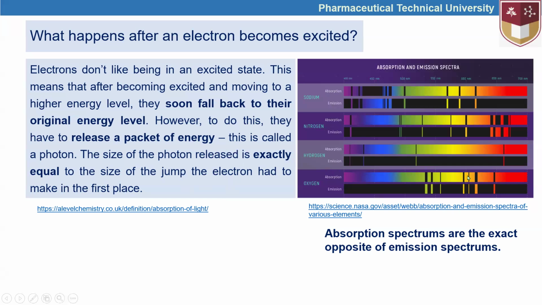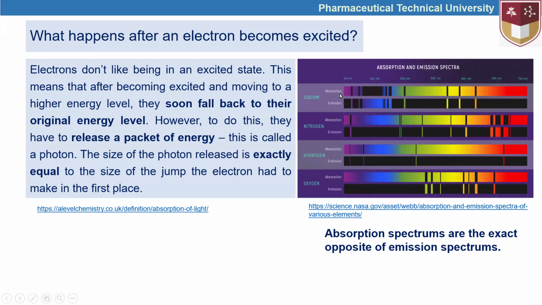So what we need to understand is that every single atom has its own light spectrum, and in that spectrum we expect the same absorption and emission spectra. The only difference is that they are reversed.